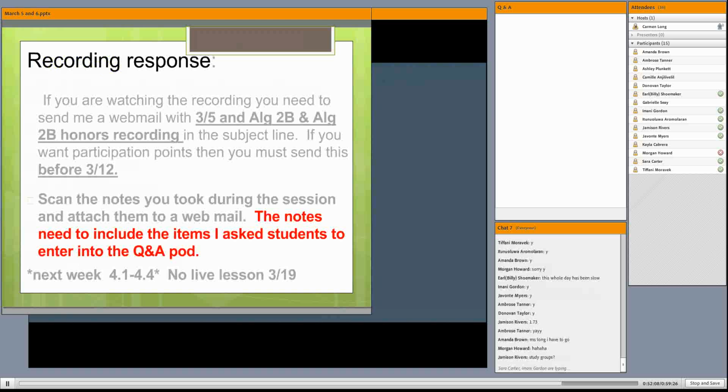Breakout rooms open, and I put 3 or 4 people in a breakout room working practice problems together.